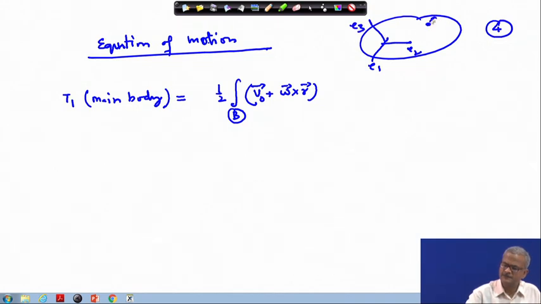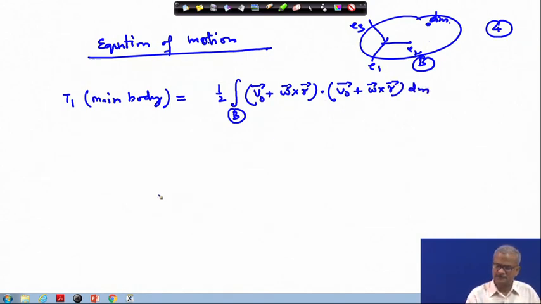Any mass here d m, and this is the body B. We are not considering the wheel at this time, we have to add that separately. Always write your velocity term like this, dotted with itself, while you are calculating kinetic energy as a dot product. Otherwise, you are bound to make a mistake.